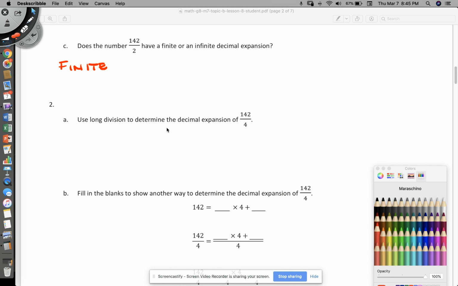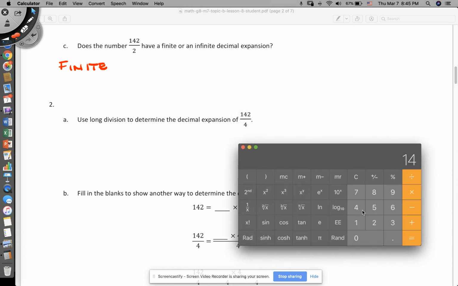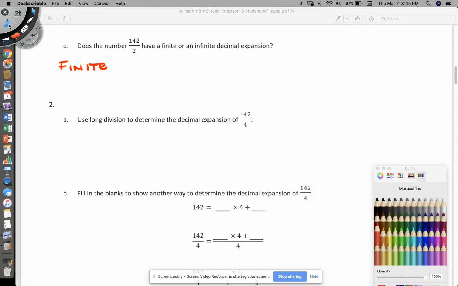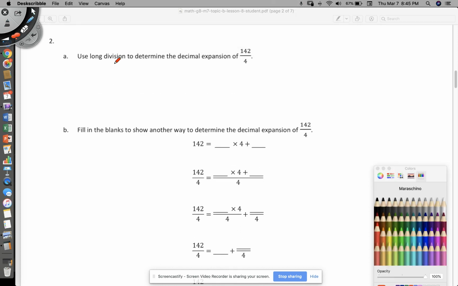Now let's try the next one. Again, it says to use that long division, but we're just going to pull up our calculator here. We're going to do 142 divided by 4 this time, and I get 35.5. So our answer here is 35.5.